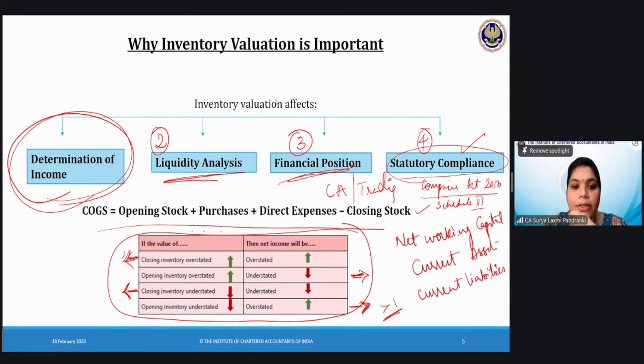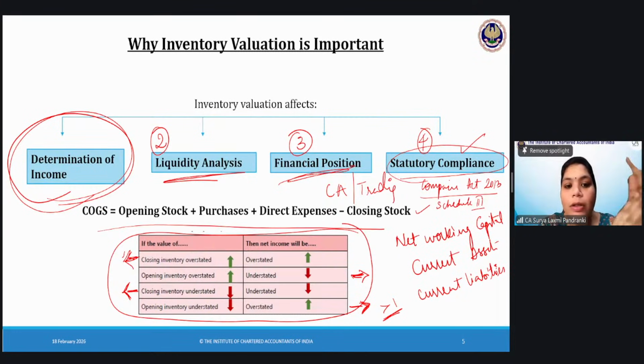Hello, ma'am. Yes, Akshit. Ma'am, please explain liquidity analysis in Hindi. Liquidity is a little difficult thing for me. Okay. You understood what is liquidity? Ma'am, I didn't understand in English, that's why please explain in Hindi. Okay. Fine. What does liquidity mean?